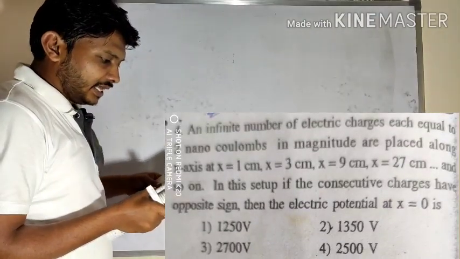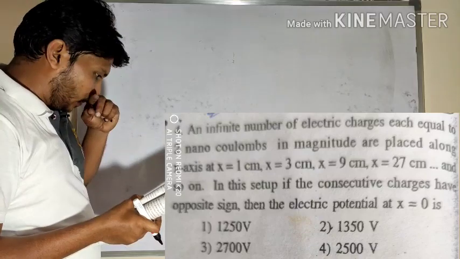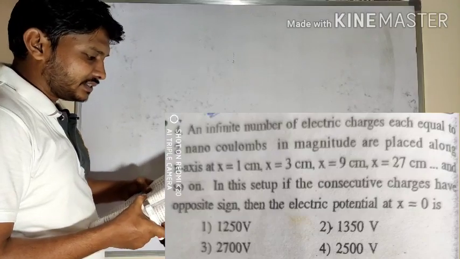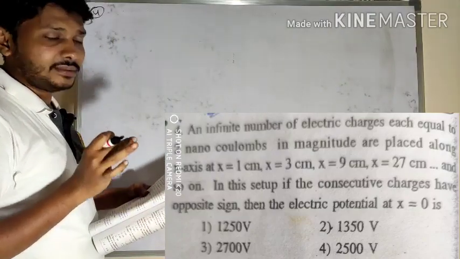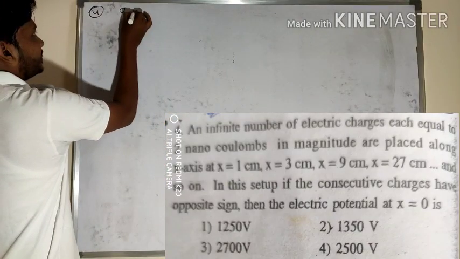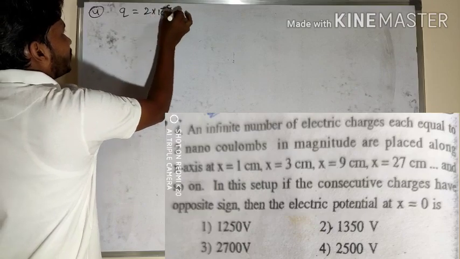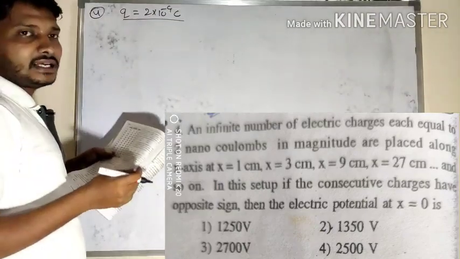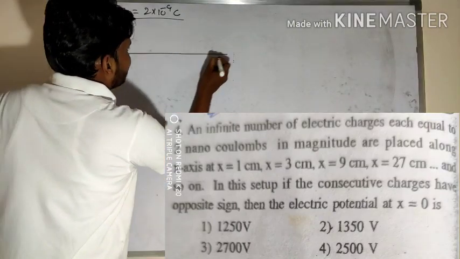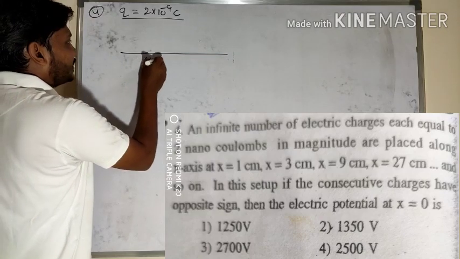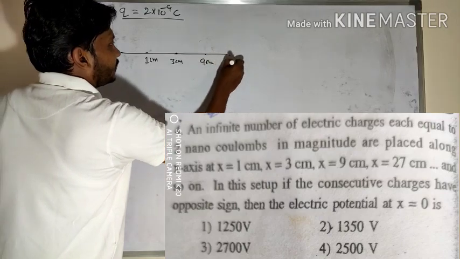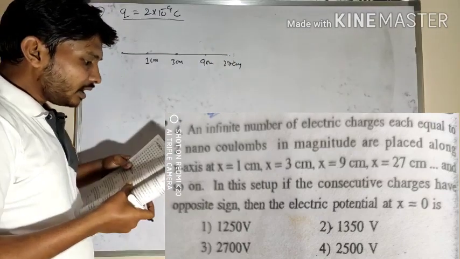An infinite number of electric charges, each equal to 2 nanocoulomb in magnitude, are placed along the x-axis at x is equal to 1 centimeter, 3 centimeter, 9 centimeter and 27 centimeters. So here infinite number of charges are present. These charges having magnitude 2 nanocoulomb are placed at distances along the x-axis 1 centimeter, 3 centimeter, 9 centimeter and 27 centimeter, and so on.